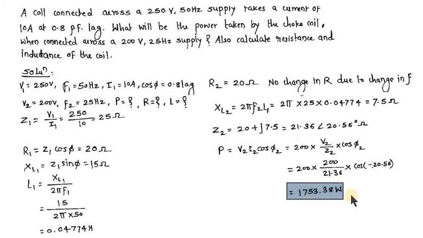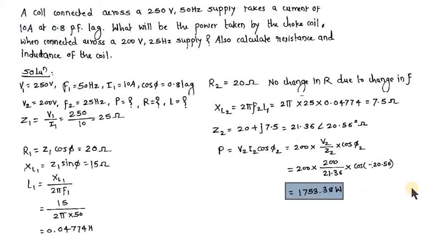Look at this. Only by changing the frequency of the supply, the same coil is consuming different power than the earlier case. The earlier case power can be found out in this fashion. You can do it on your own. The earlier case power will be 250 volt into 10 ampere into 0.8, that is V into I into cos φ, and this value will be different than this value.